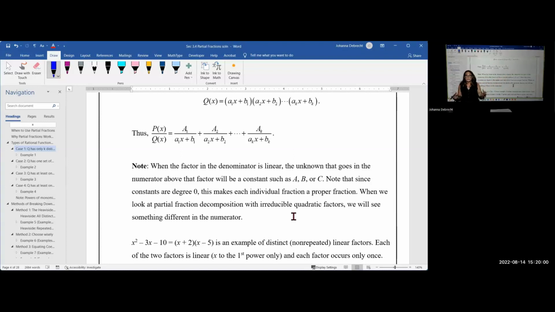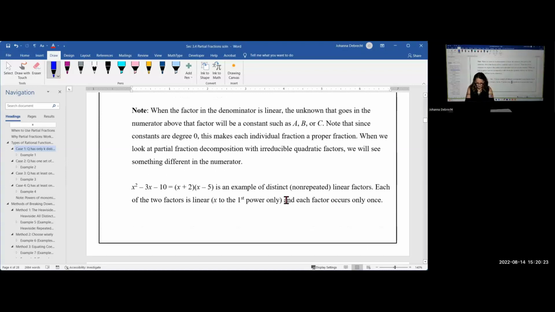And they'll all be u substitution, 1 over u du, basically, by the time we're done, which is the natural log of the absolute value of u. So these are pretty straightforward. I mean, we just talked through how to integrate them. The problem is we have to figure out how to split them up, and we've got to be able to find these constants in the numerator. So this is going to be what we're looking at now.